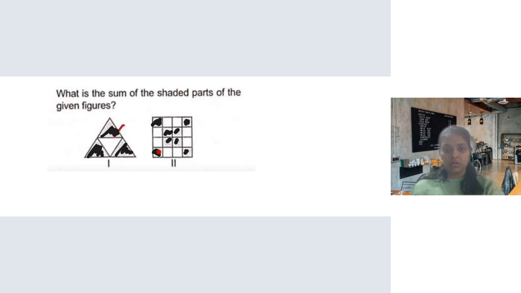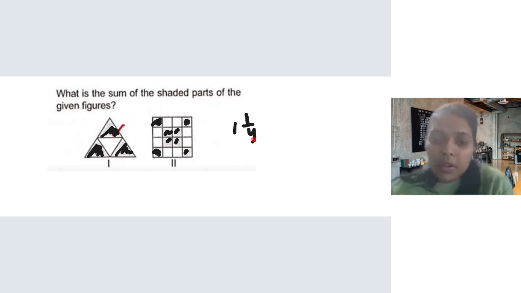Ma'am, the answer is 5 upon 4, but in mixed fractions, we can say it is 1 as the whole number and 1 upon 4 as the fraction.